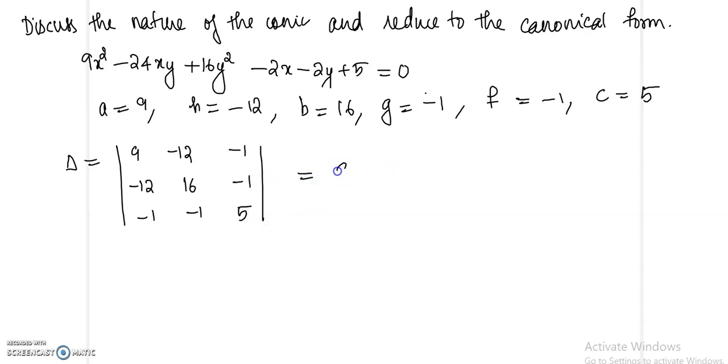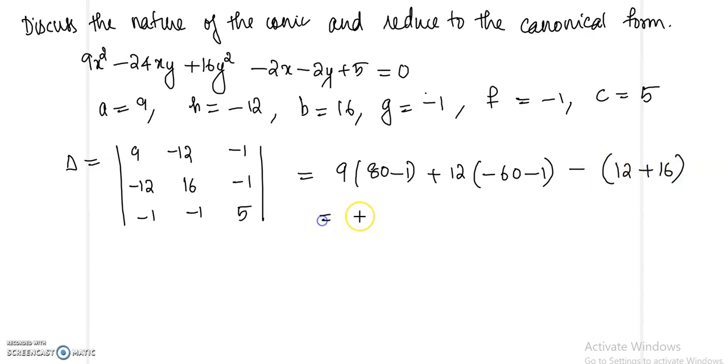So if you look at the determinant, that will be 9 into 79 minus 61 into 12 minus 28.